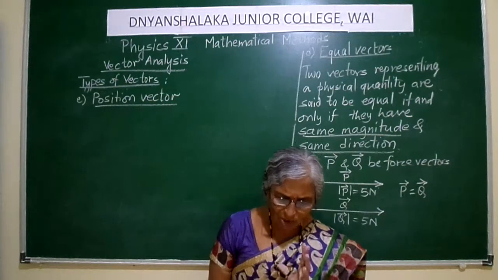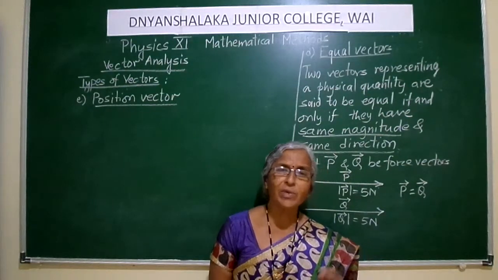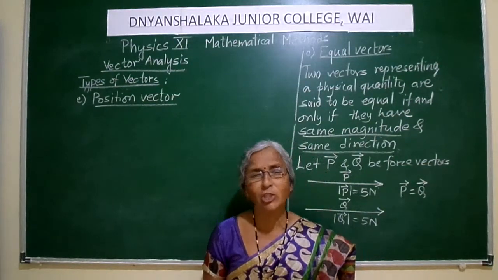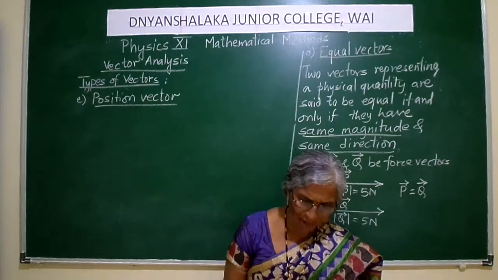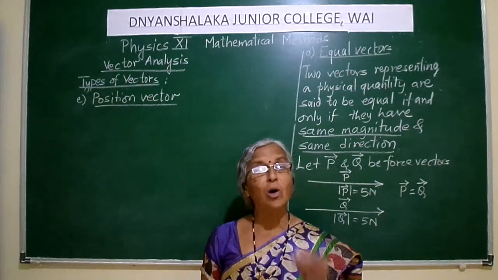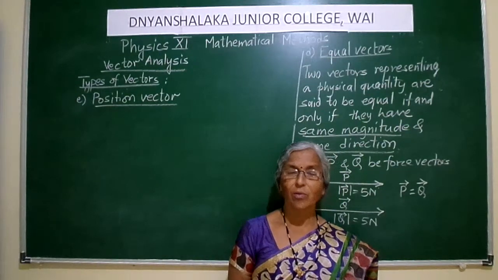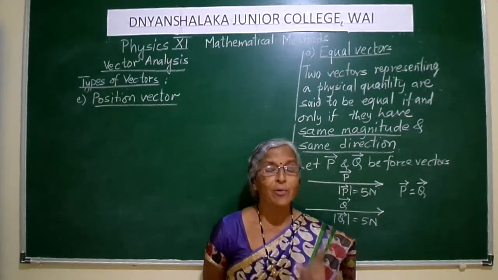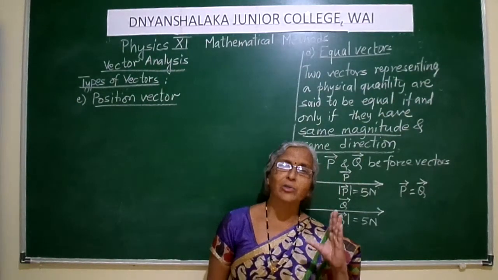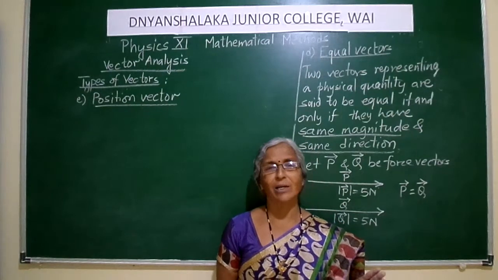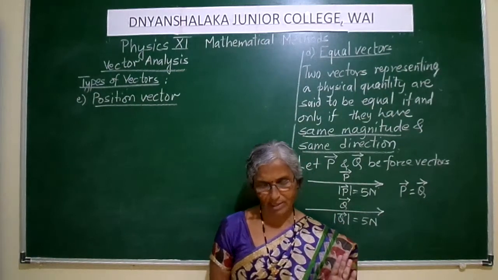The position vector is a vector which gives the position of a point. It gives the position of a point with respect to the origin of a chosen, selected coordinate system.